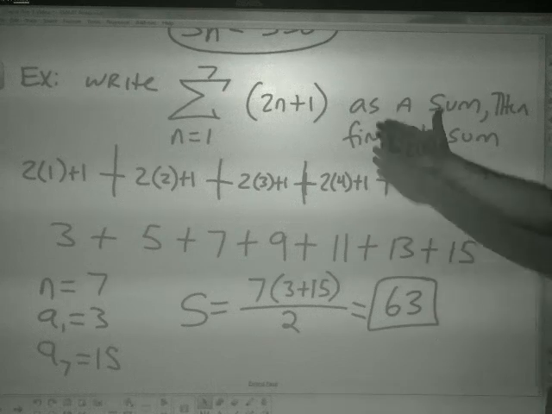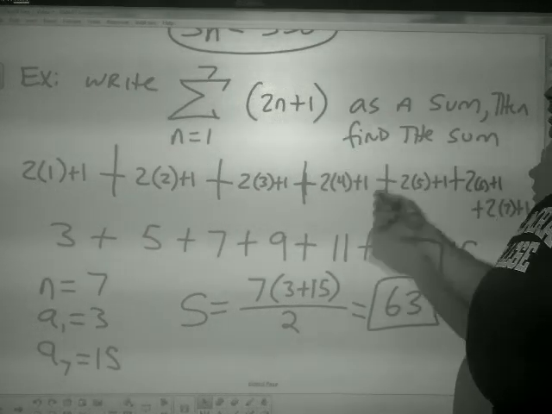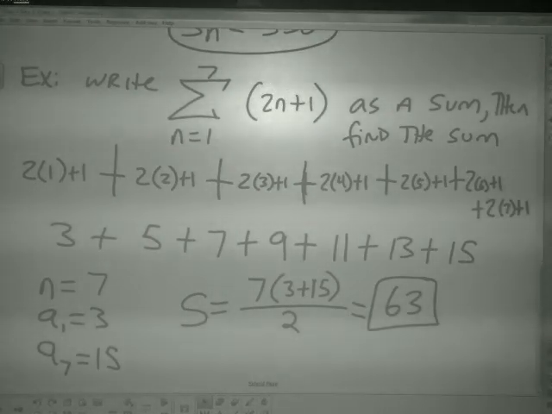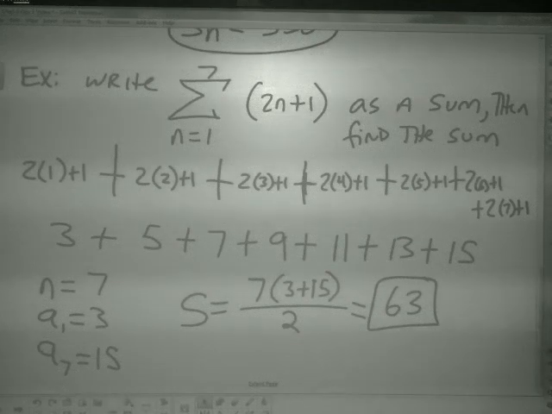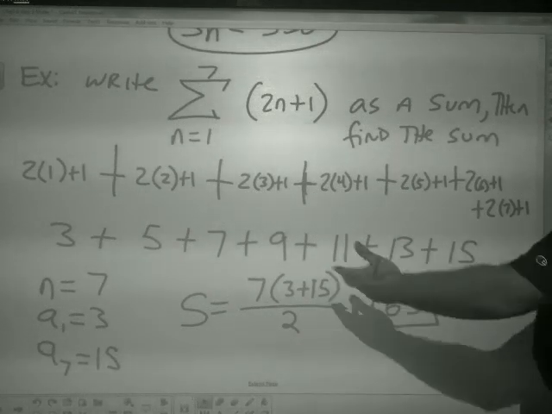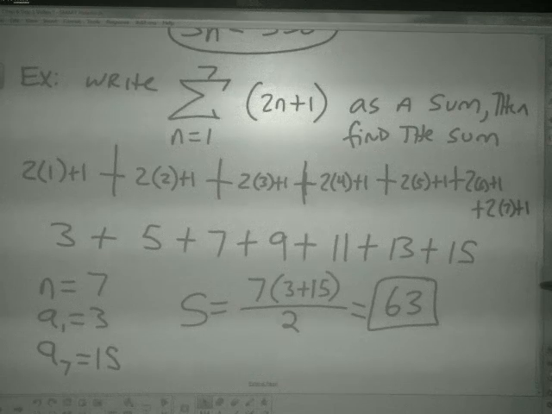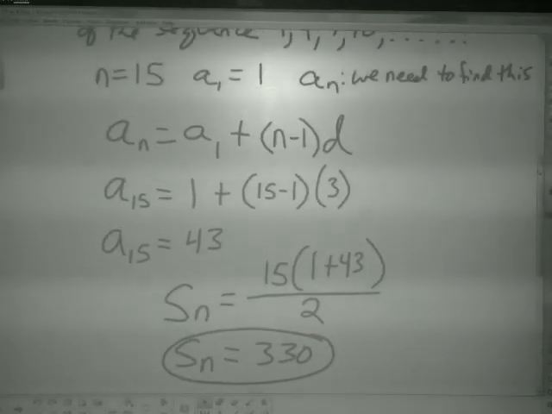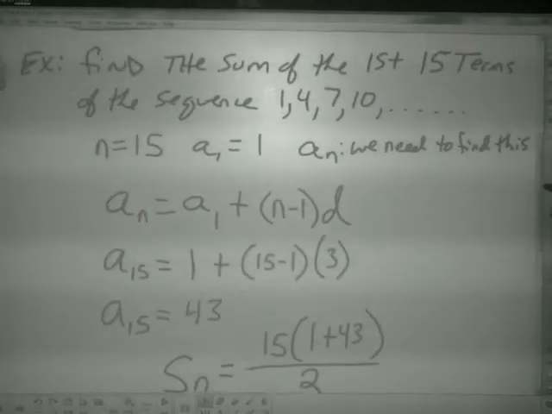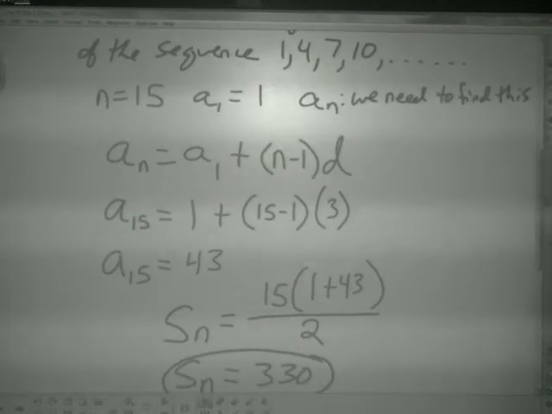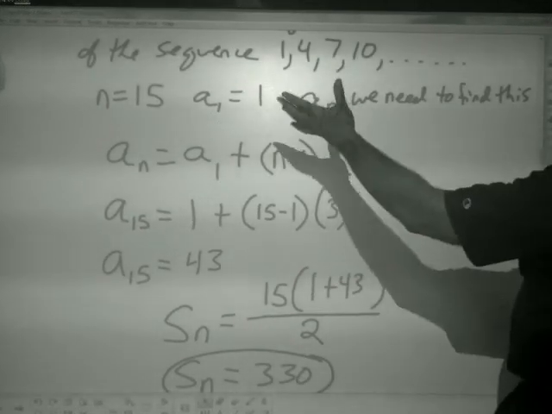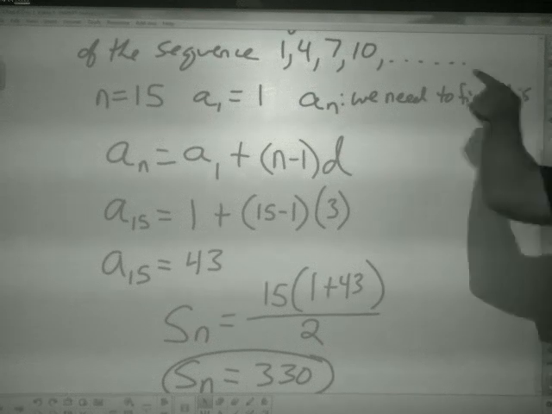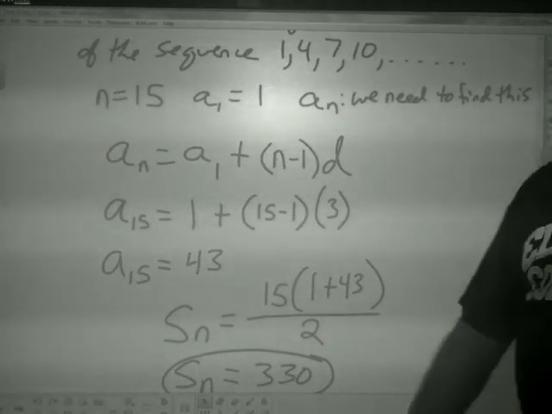So rarely do they ask you to do this, but if someone ever says write it out and then express it as the sum of a series, you could do it that way. You'll see more often than not, this is the type of question they want you to do: find the sum of the first so many terms. So again, if you can't remember how to do this fancy, just write out all 15 terms and add them together. And that's it.